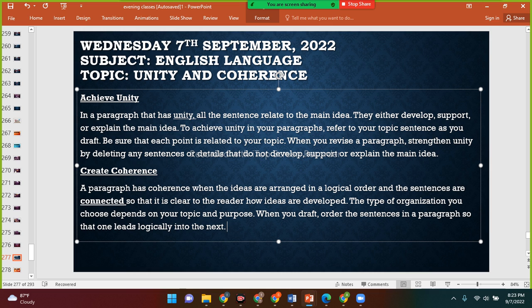And there are some things that could help you. You could use transitional words and phrases to indicate the connection between ideas.